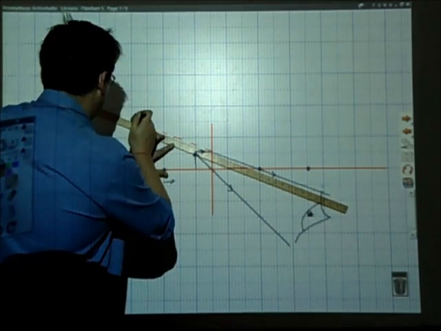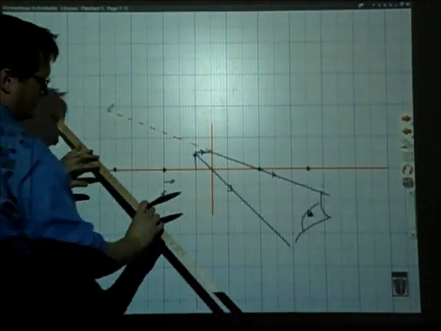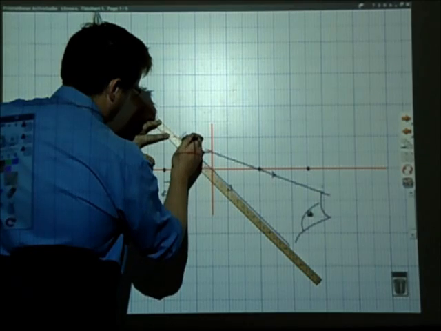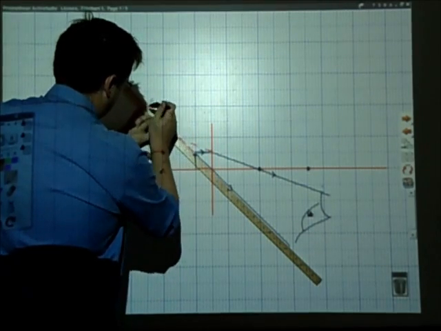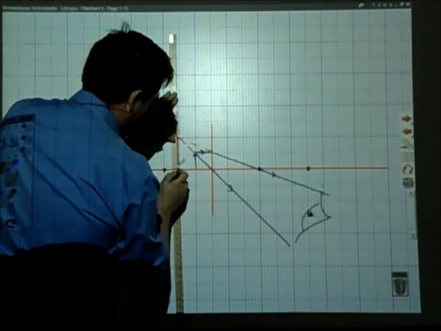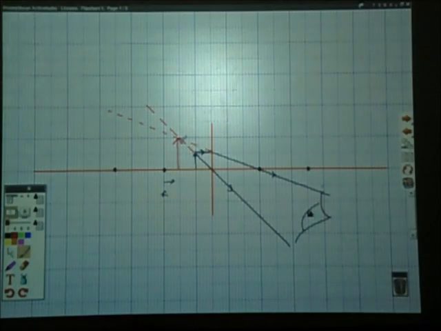Now note how I'm drawing these as a dashed line. That's very important. And I'm going to do the same with this one. Okay, and that's where they cross. So that is where I would see the image being produced.